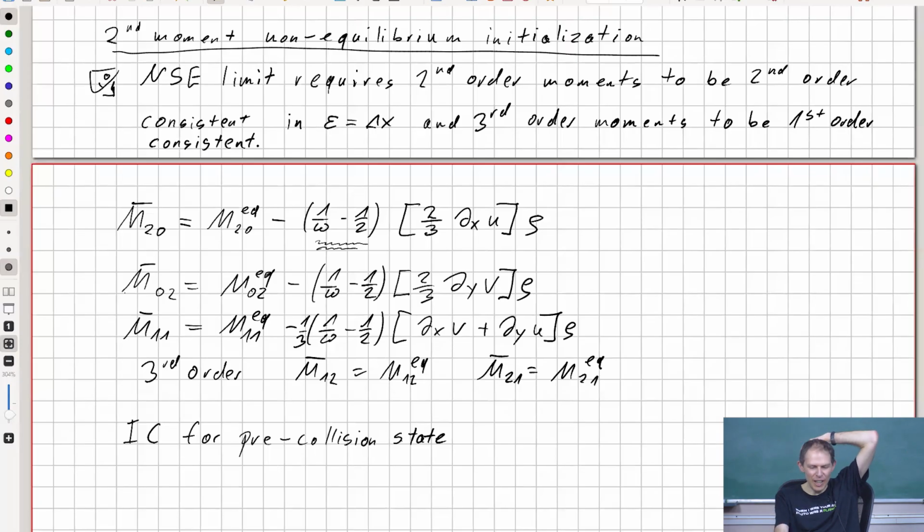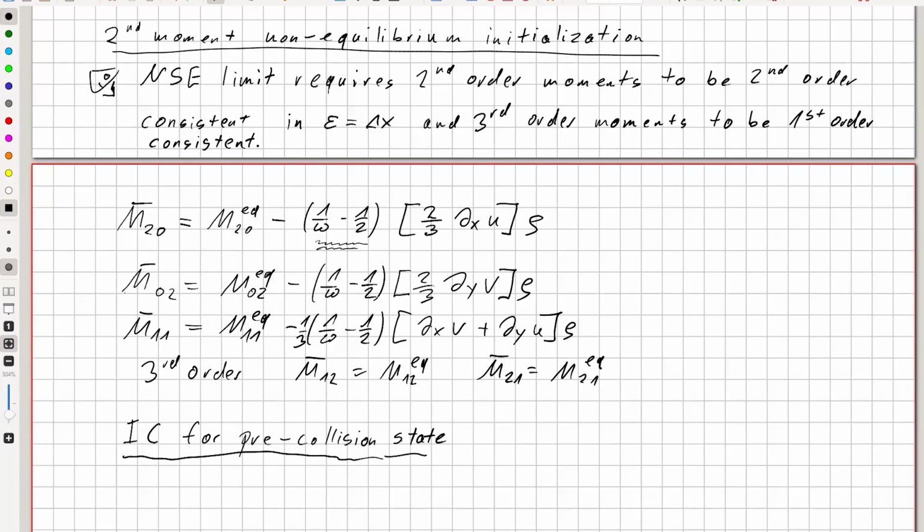If you start with a collision, then you have to set your initial condition for the pre-collision state. If you start with a streaming, you have to set your initial condition for the post-collision state. I guess this makes sense.